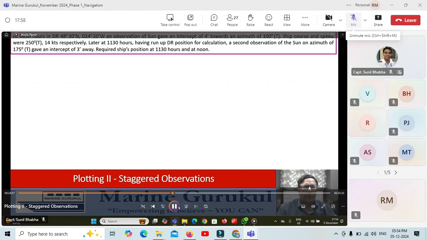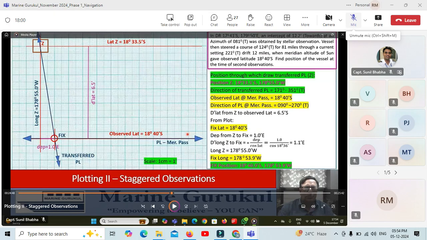We take one more question. So here we have our fix now in the plot. So have a good look, beta. Let me know any doubts coming in.